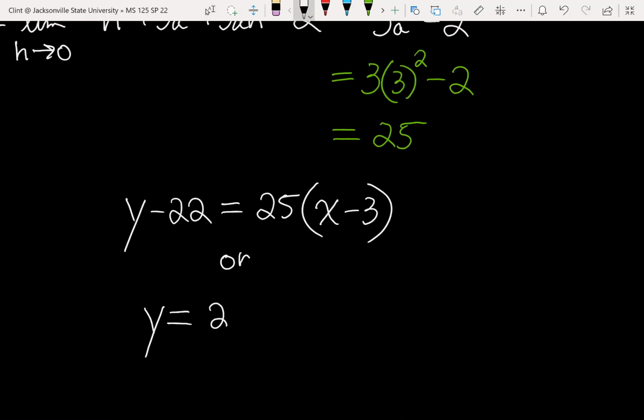So let's see, 25x minus 75 plus 22. Negative 75 plus 22. Either one of those. Let me make sure. Let me see if I got this. Yeah. Okay.